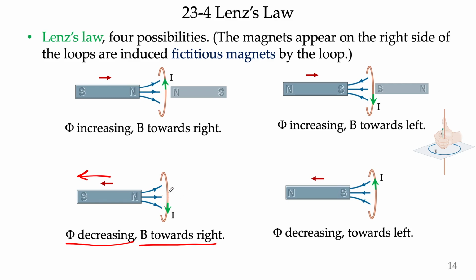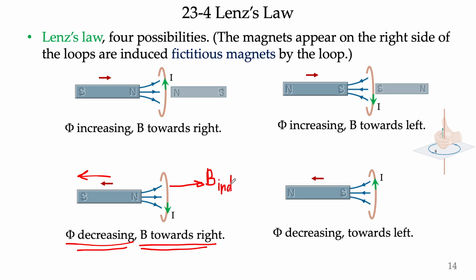Now, the loop is going to try to oppose again what the bar magnet is doing. So it will try to increase the flux where the magnetic field lines are to the right. So it will try to induce a magnetic field to the right, because the flux is decreasing.